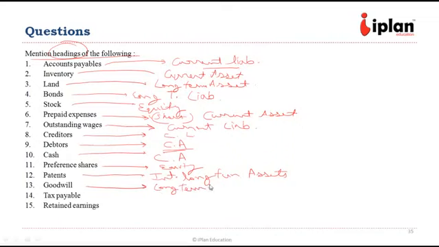Goodwill is going to be a long-term intangible asset. Tax payable is a short-term or current liability. Retained earnings form part of equity. So that gives us a good idea about various elements in the balance sheet.